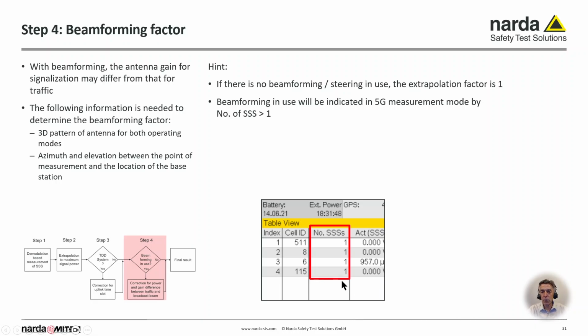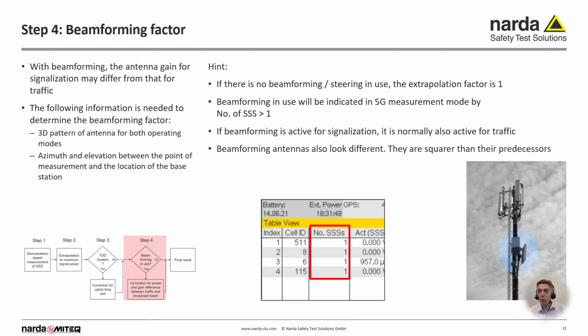And if it is switched on for the signalization, you will have several SSS numbers here, not only one, but you will have 1, 2, 3, 4, up to 8 SSS on air. And normally when you have some strong values, you will see a figure like 6 or 7. So if all values are like 1, you can be nearly sure there is no beamforming, so no worries. Or if you are at 700 megahertz, you can be sure there will be no beamforming. Keep the factor to 1.